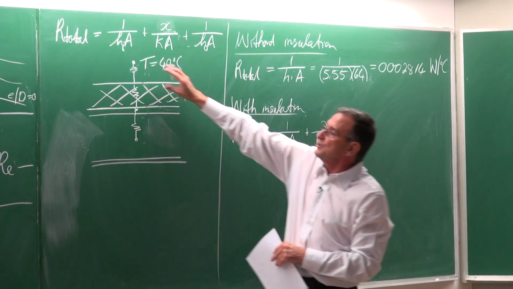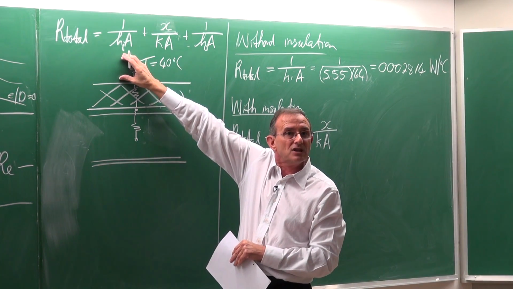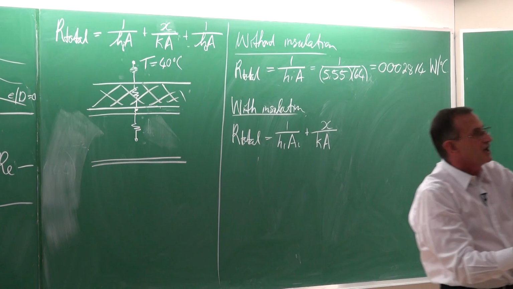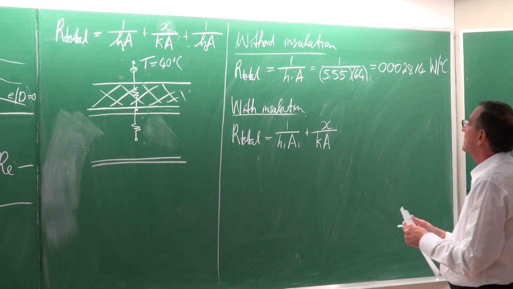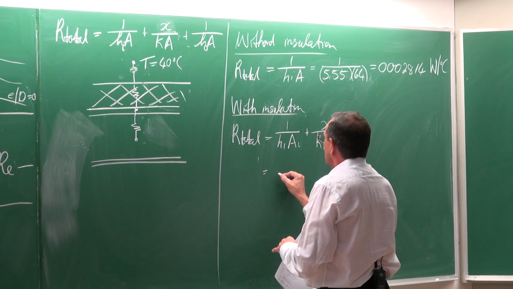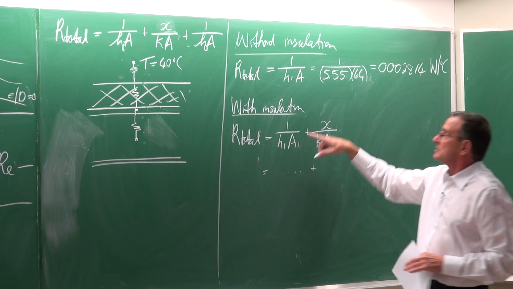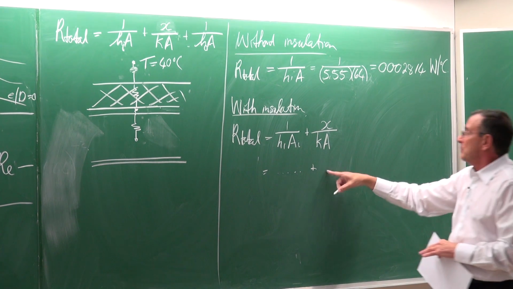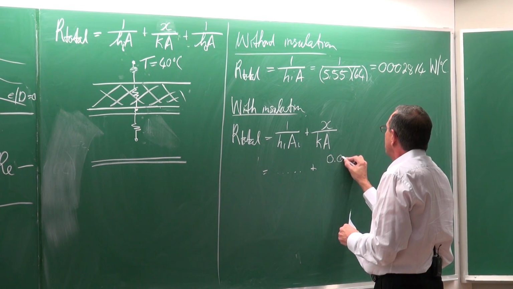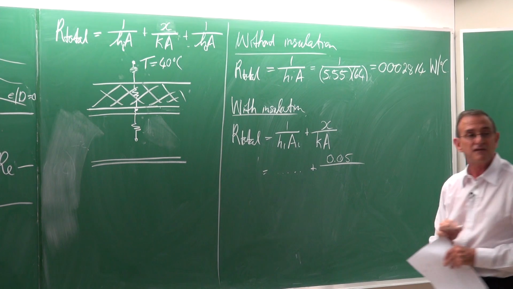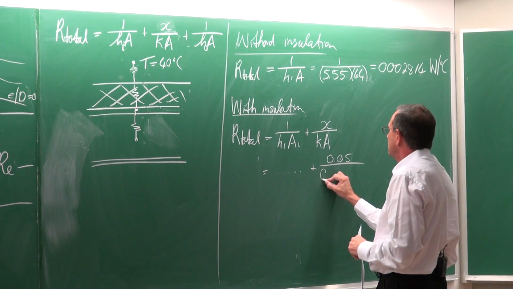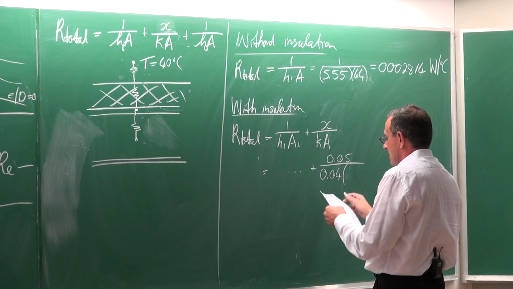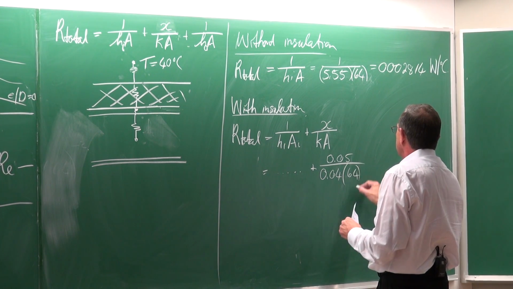Remember, this third term we are not going to take into consideration now because it's only with the next chapter that we can calculate it. So that term is the same as previously, but now we've got the thickness of the insulation, which is 50 millimeters, divided by the k of the insulation, which is 0.04, multiplied by the surface area of 64.